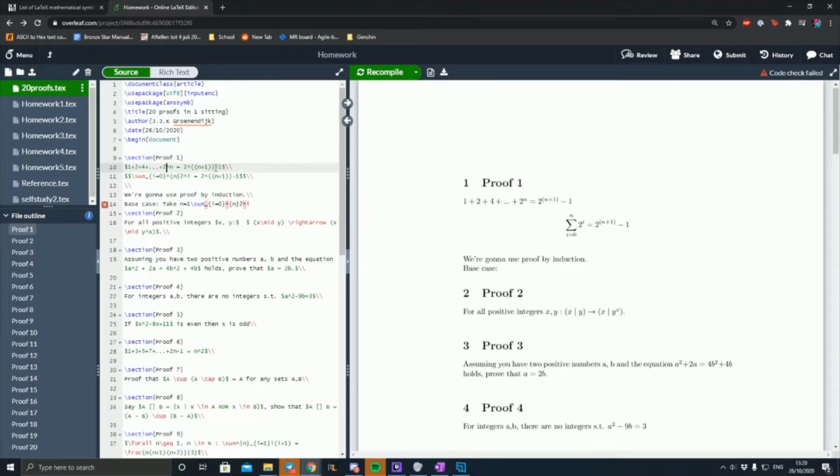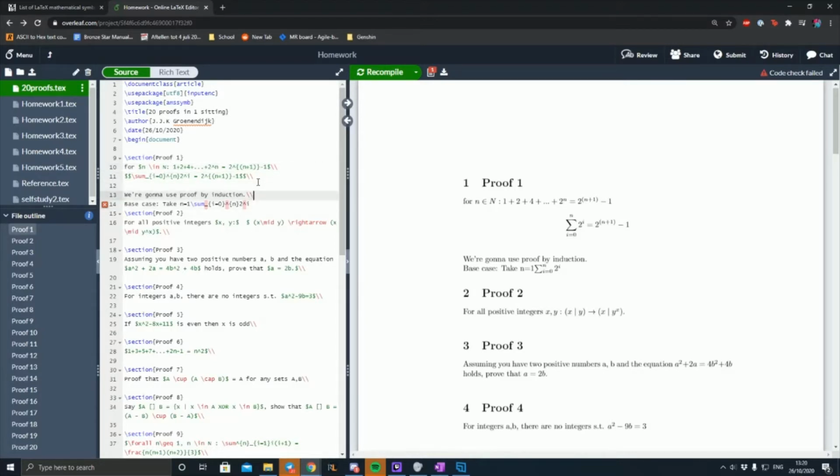So this should say for n in the natural numbers, this thing will hold. Because it's for all natural numbers, let's start with 1, or I don't know if 0 is included in the natural numbers. I think that's up to people to ask.